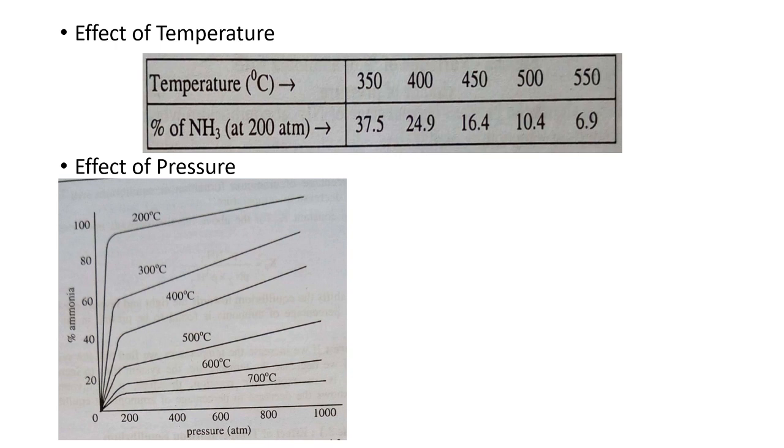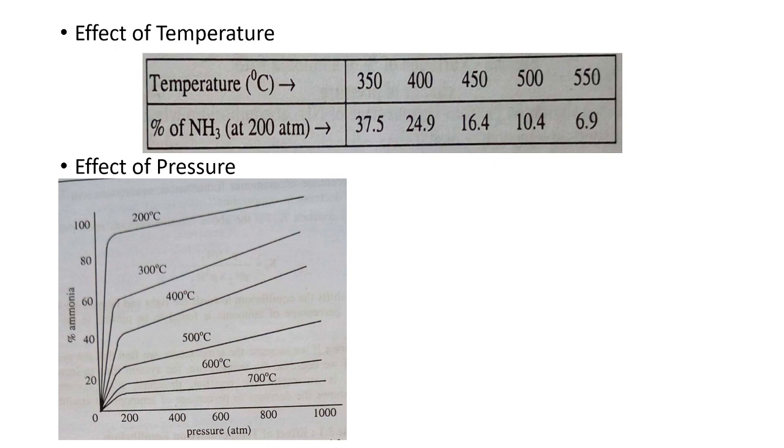So by using the pressure at 200 atmosphere and temperature at 500 degrees Celsius, the yield of ammonia is 10 to 20%. Again I am mentioning here that you will ask why pressure is not maintained at 750 atmosphere.